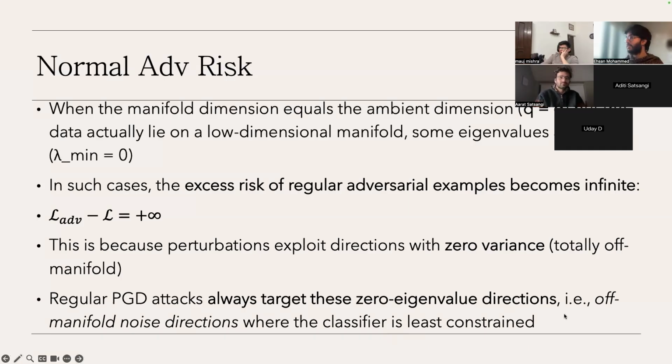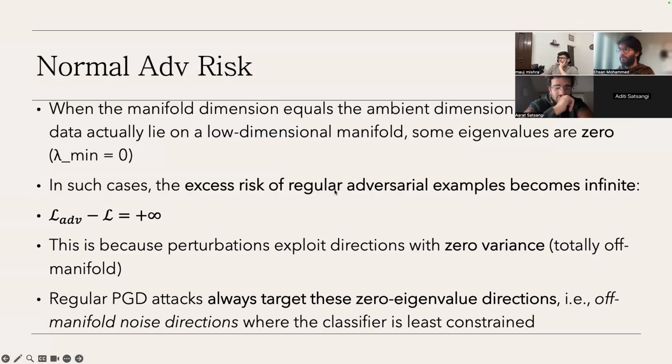Because if you vary anything in the eigenvector directions which have variance, you're most likely going to change the image by a lot, and it will look visually very different from the original image. That's why they'll always exploit that. This one makes sense and is all correct, according to what we might think.